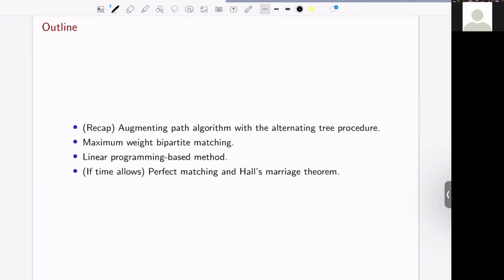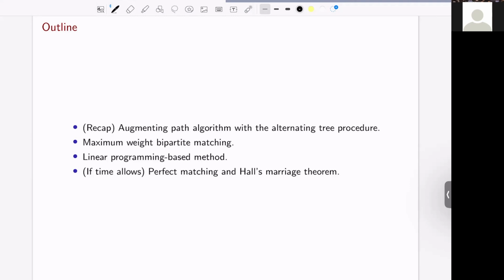There's a condition: it's not that a perfect matching exists for all graphs, but we can characterize when a perfect matching exists. The characterization is called Hall's marriage theorem, and the proof of it will use some of the arguments from yesterday. That's why I'm asking you to read the lecture notes.